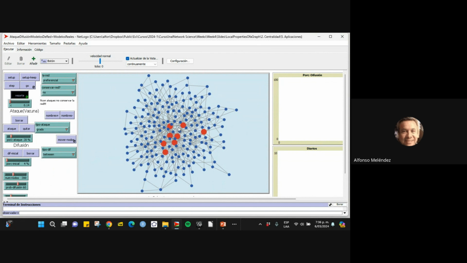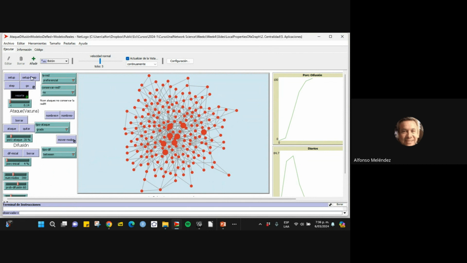These are the 7 nodes that have the most betweenness centrality in this network. And I'm going to see what happens with the infection. In 5 ticks, in 5 iterations, all nodes are infected. And this is the evolution. It's important, the evolution. And these are, each day, the maximum infected each day.